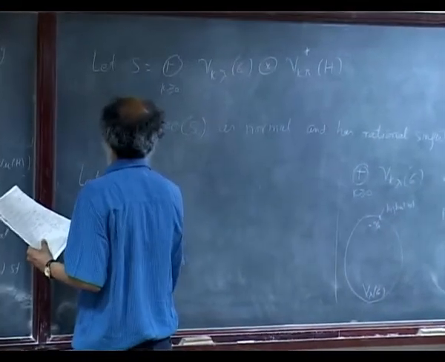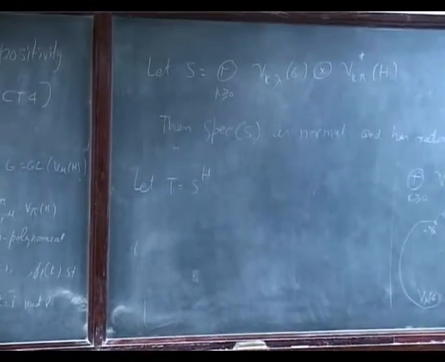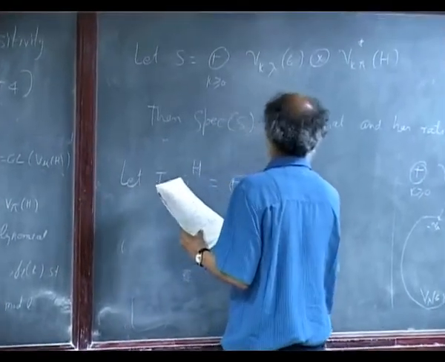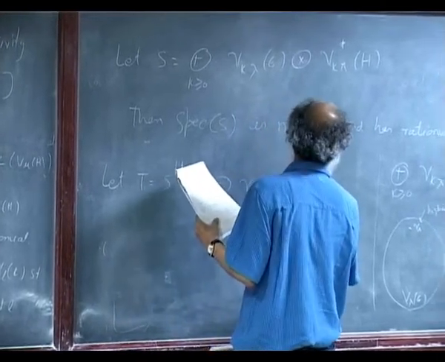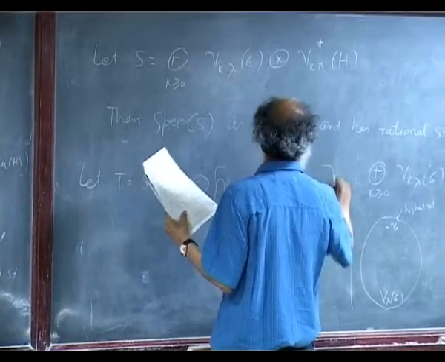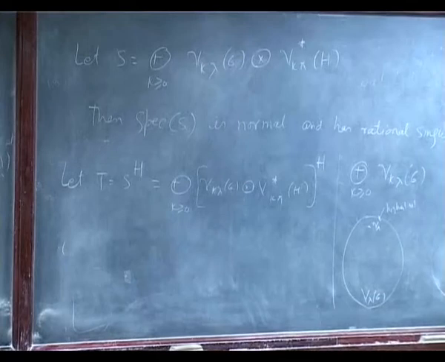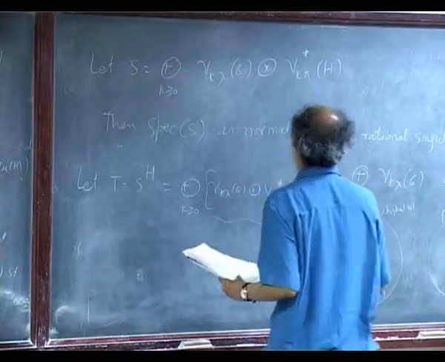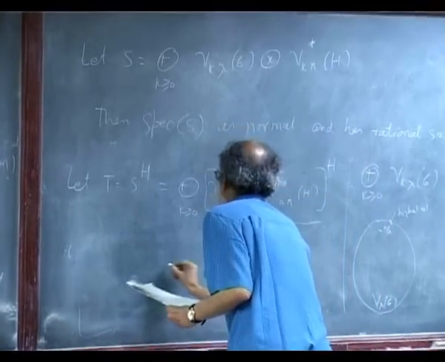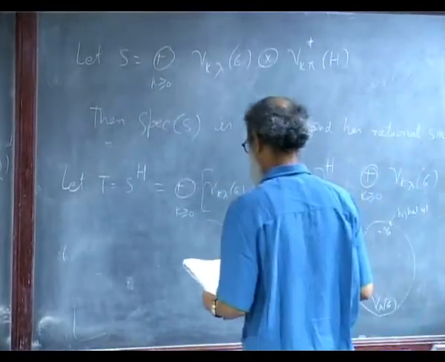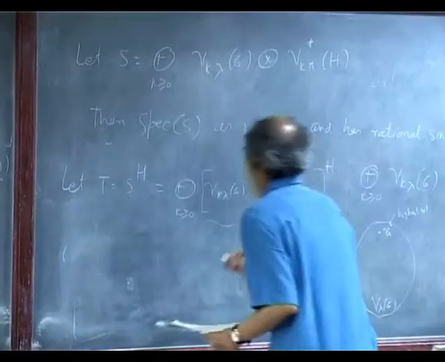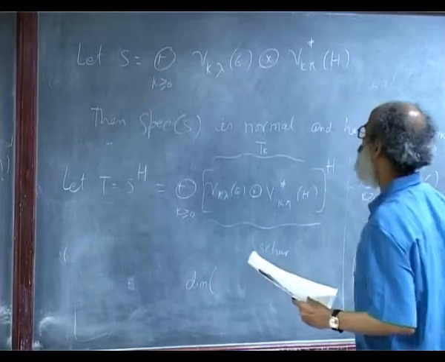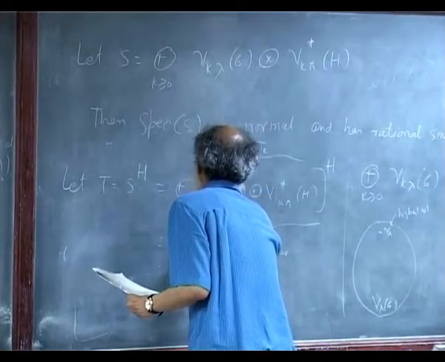So let T be the subring of H-invariants inside. These H-invariants would be the summation over k greater than or equal to 0 of V_{k lambda}(G) tensor V_{k pi} star of H, and you take the H-invariants inside that. Let us call the k-th piece T_k, so T is the summation over k greater than or equal to 0 of T_k.